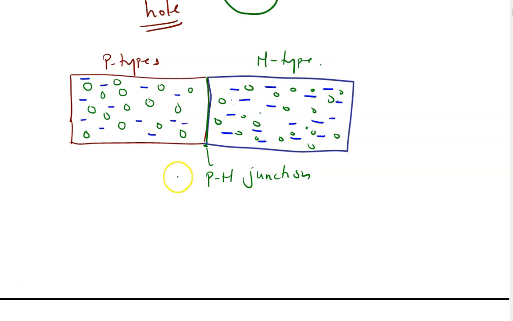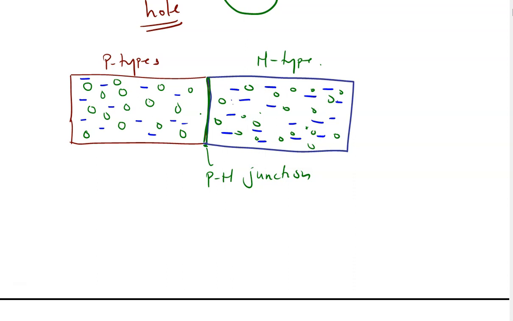So once they come together, we have the PN junction, right? And this is where the depletion layer, or the depletion region, is formed. Okay, so at this point, a depletion region is formed. And how is the depletion region formed? I'm going to explain it to you so you get the concept very well.